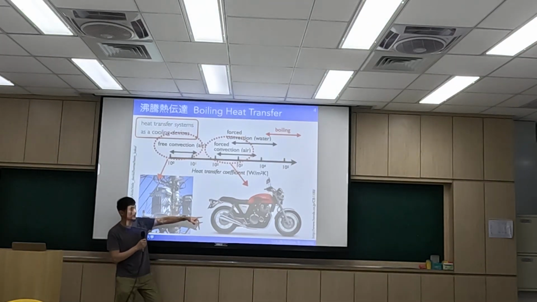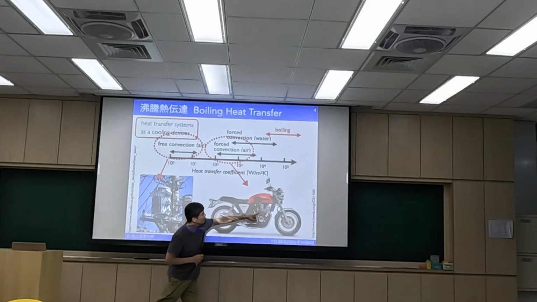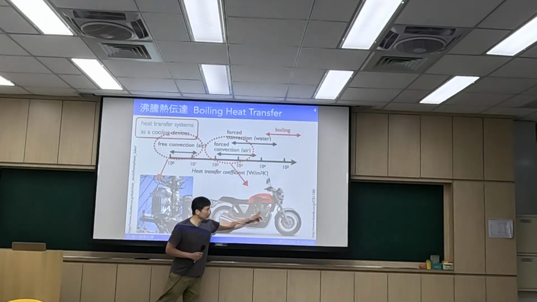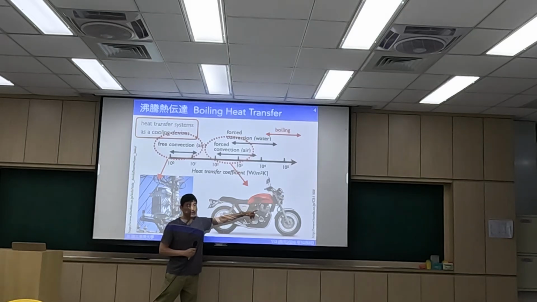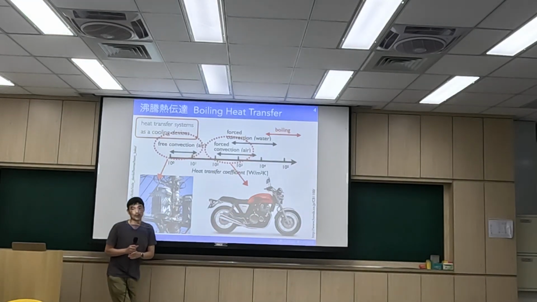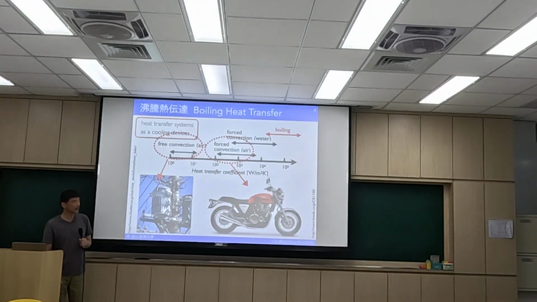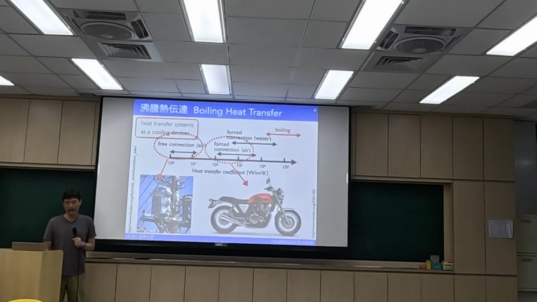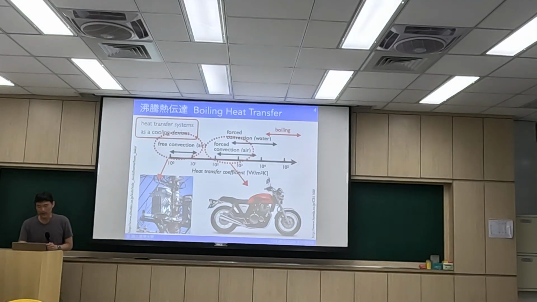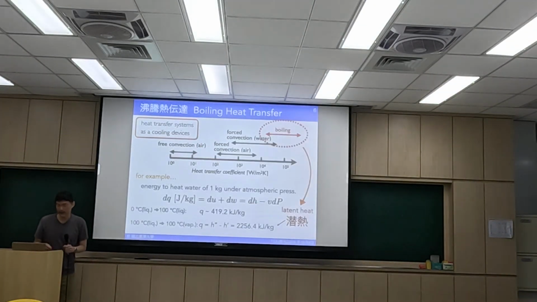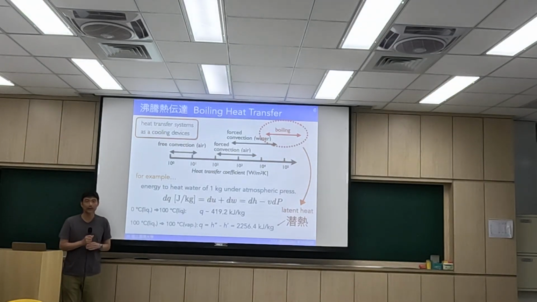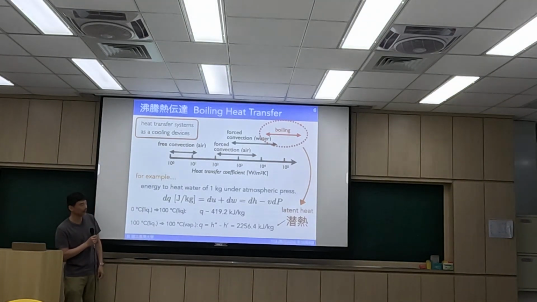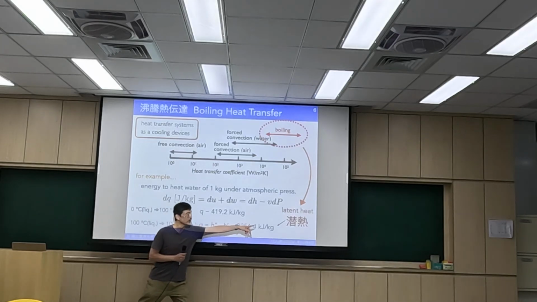So this is another example of forced convection. You have a thin structure here, then you enhance the heat transfer between the ambient fluid and heat from the engine. Then, as she mentioned, boiling heat transfer has great benefit from latent heat.